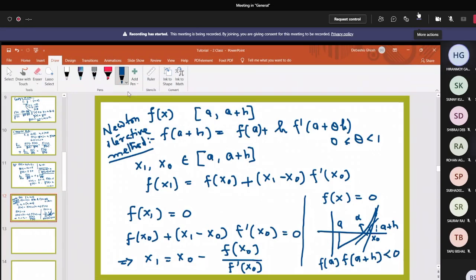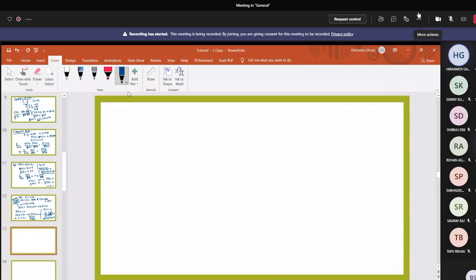Now, we can also find out, you may know, the increasing and decreasing of a function. So we solve one problem on that.